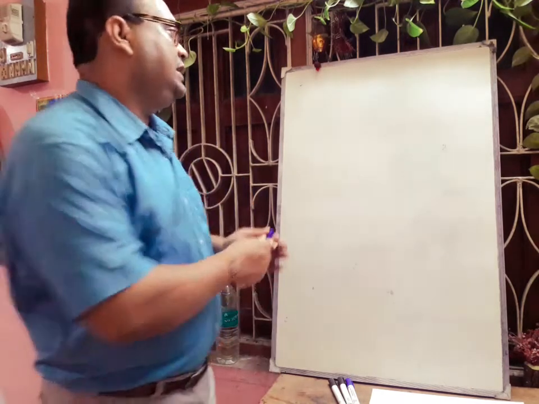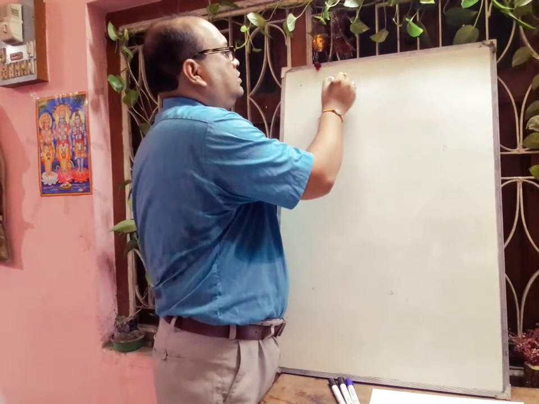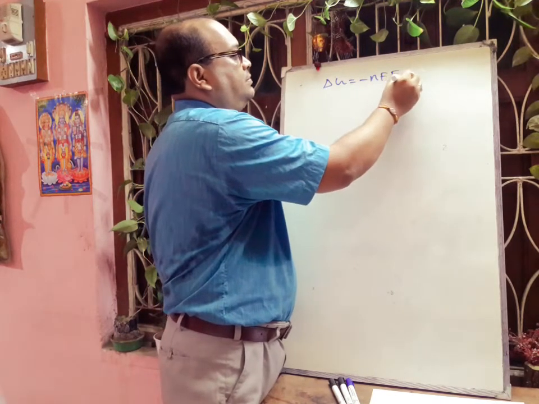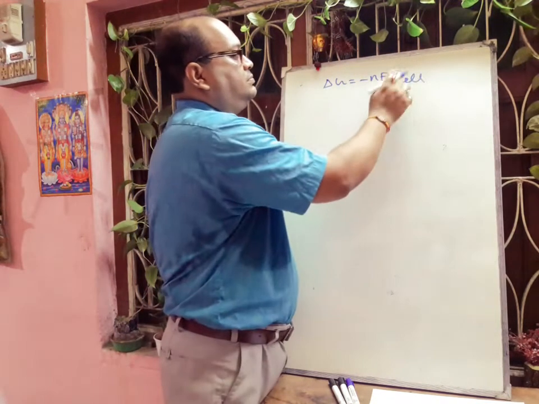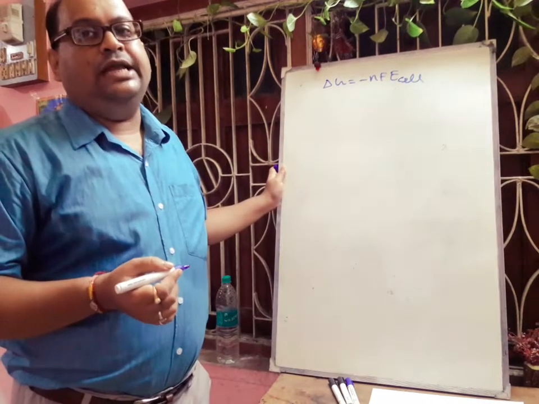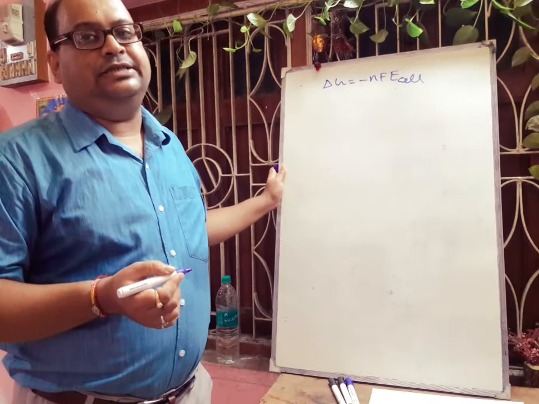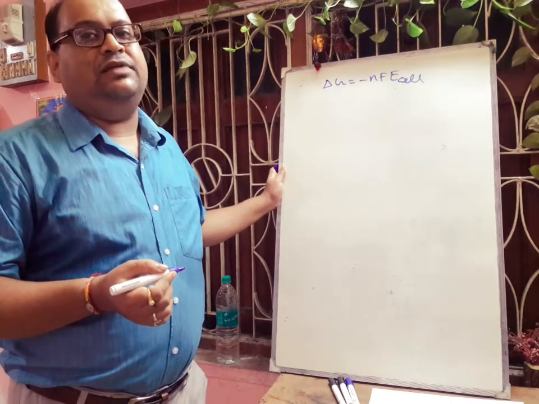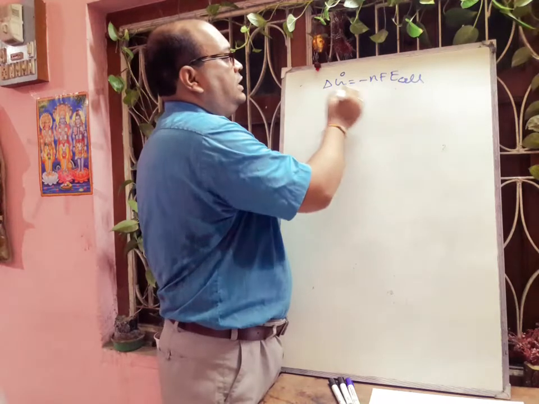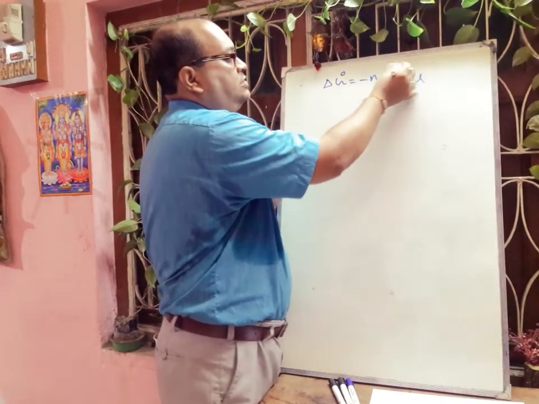All of you know that delta G is equal to minus nF E cell. In order to compare the cell voltage, we use the standard cell potential. In case of standard, we put 0: delta G0 is equal to minus nF E0 cell.